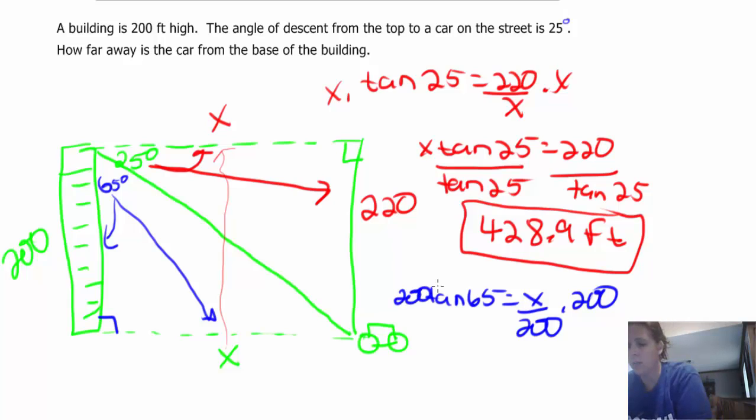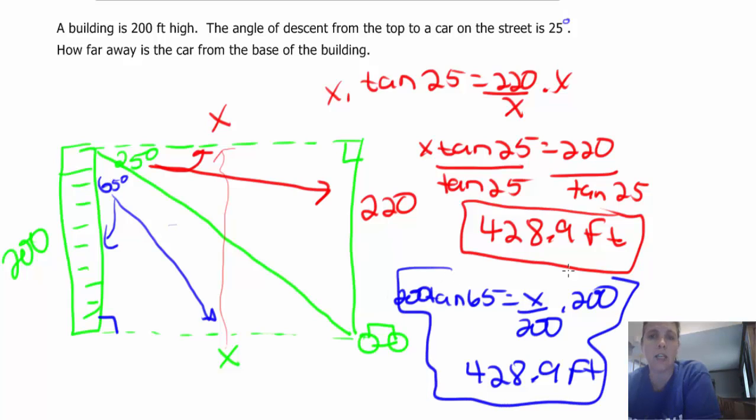So 200 tangent 65 equals, same thing, 428.9 feet. So either way, you can use either triangle, you just have to know your 90-degree angles and things like that. So perfect. Either one is fine. Here's a little comic, and we're done.